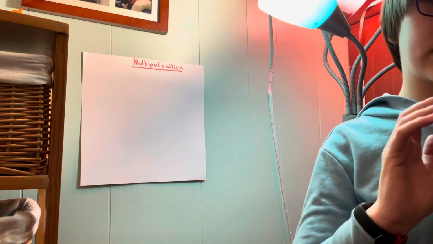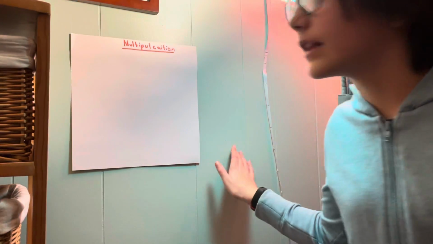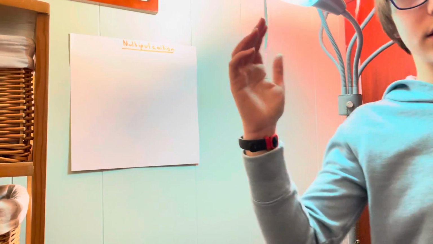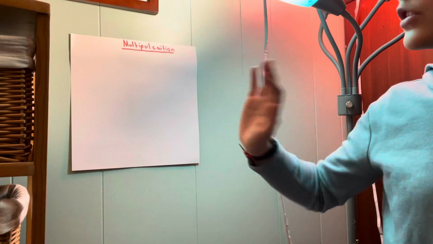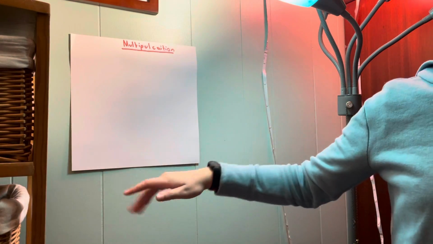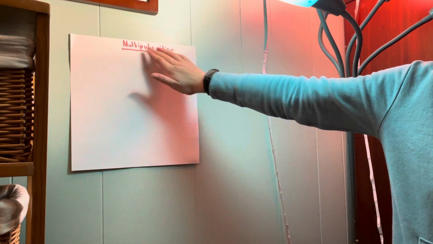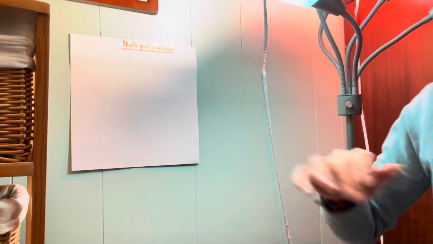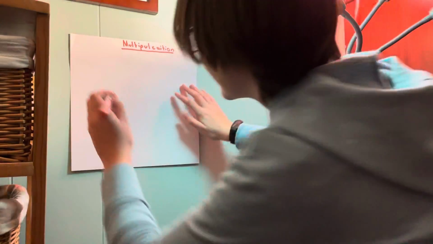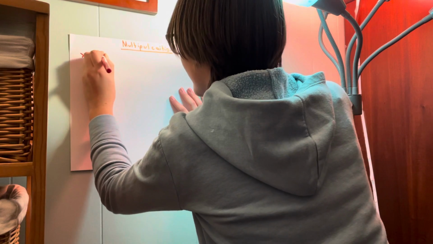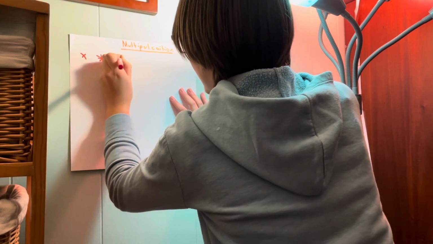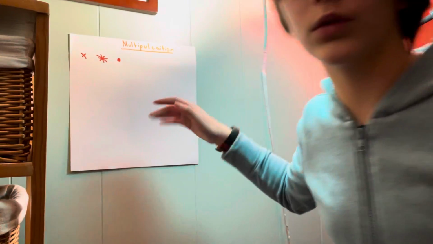But the one thing that is the most different and that I most hate is multiplication, but not just the multiplication, the signs. So the signs with the X, the star, and just the plain old dot.